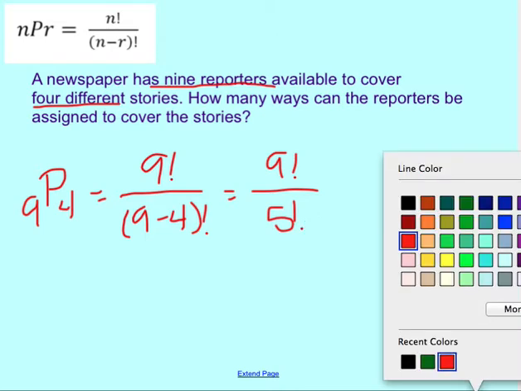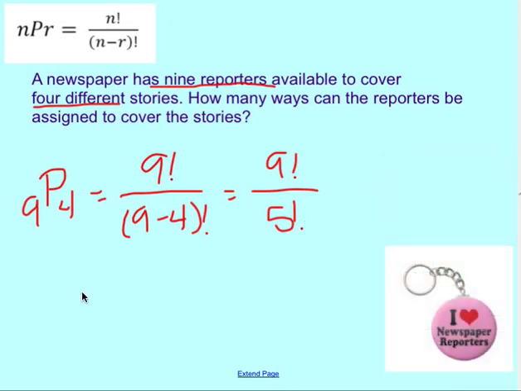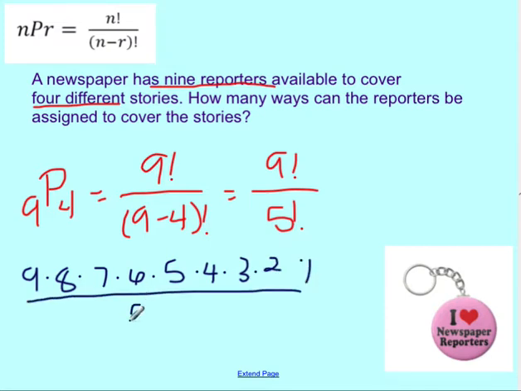Now let's go ahead and write that out. So on top we have 9 times 8 times 7 times 6 times 5 times 4 times 3 times 2 times 1. And then on the bottom we have 5 times 4 times 3 times 2 times 1. And so we can cross out our overlapping.